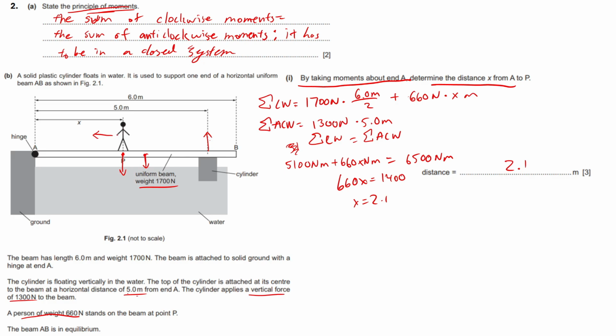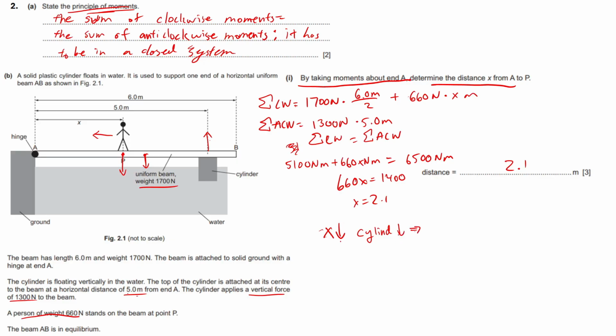And let's say if he moved left, that means that the force that he exerts on a counterclockwise moment decreases. So x decreases. Thus, the force on the cylinder basically decreases, right?